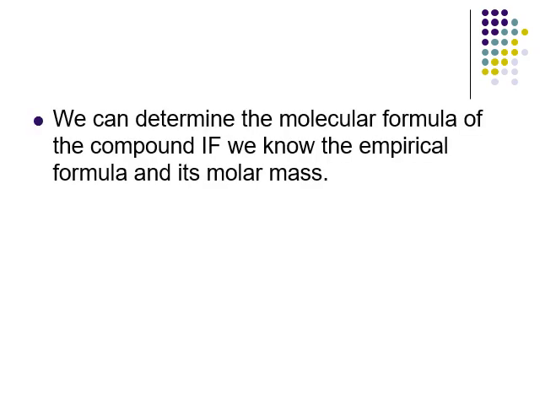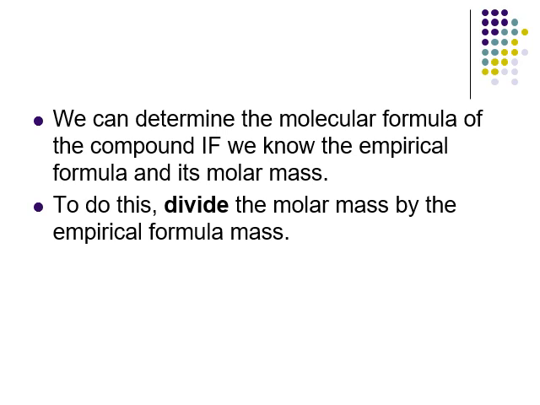If we know the empirical formula and the true molar mass of the compound, we can find its molecular formula. To do this, divide the molar mass by the empirical formula mass. If you get a fraction at this point, you did it backwards. So again, take the molar mass, which is given to you in the problem, and divide it by the empirical formula mass because you have the empirical formula.